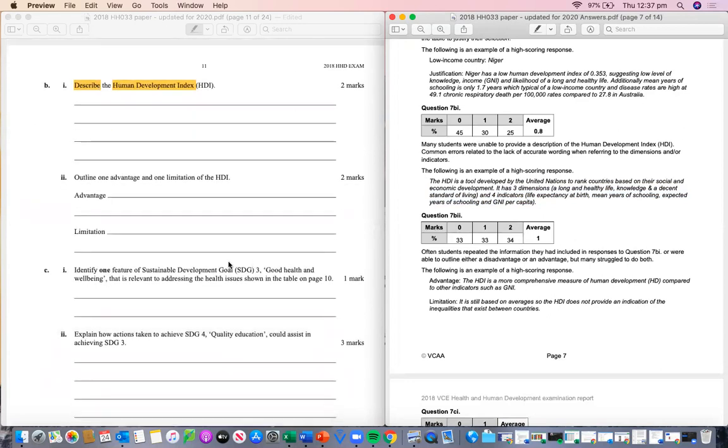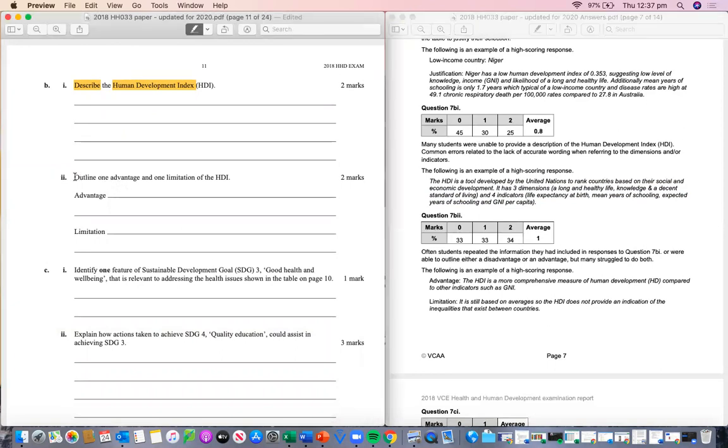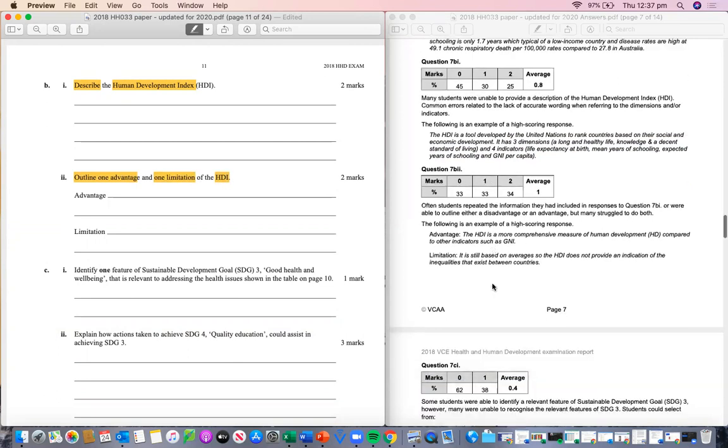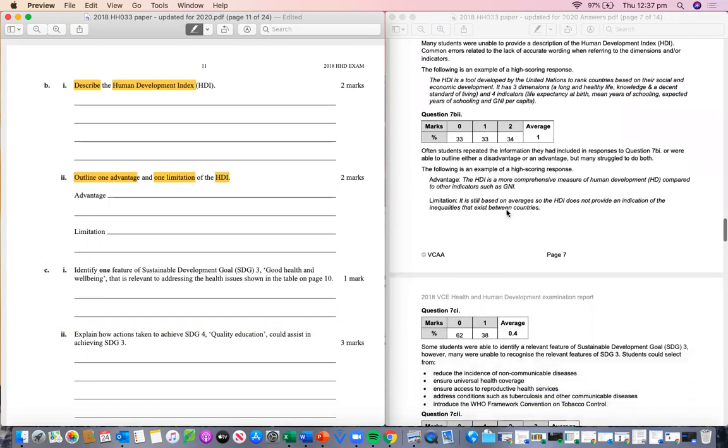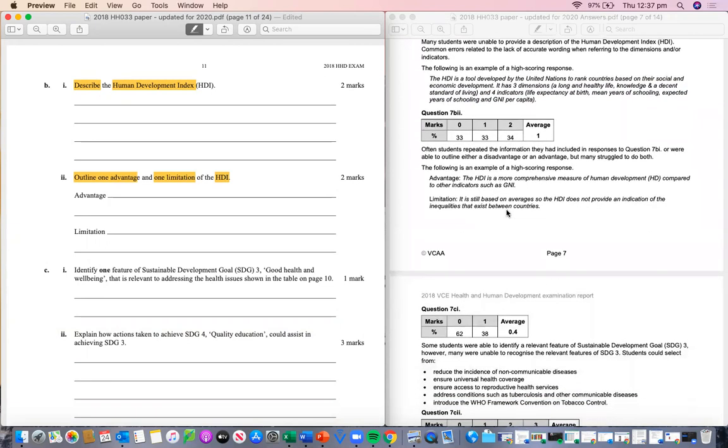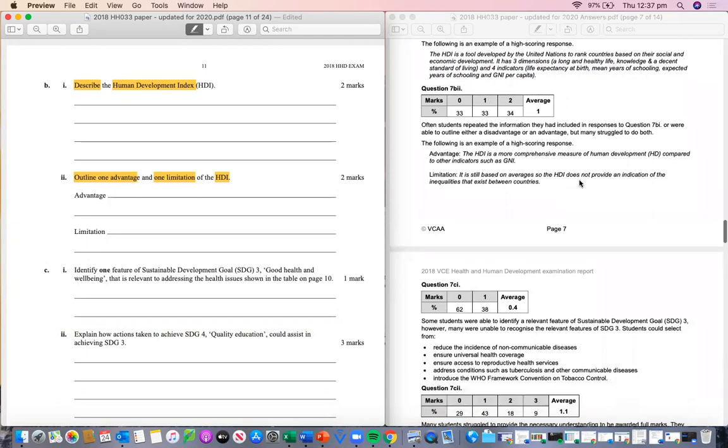Second part of question B: outline one advantage and one limitation of HDI. The average mark was 1, as many people struggle to do both. An advantage is that it's a comprehensive measure of human development compared to other indicators such as GNI.